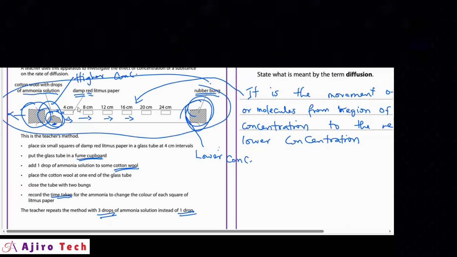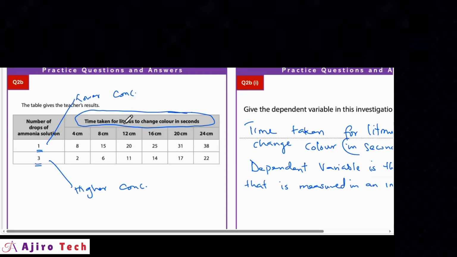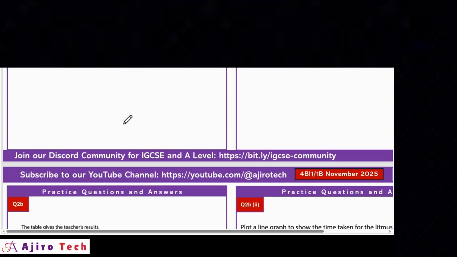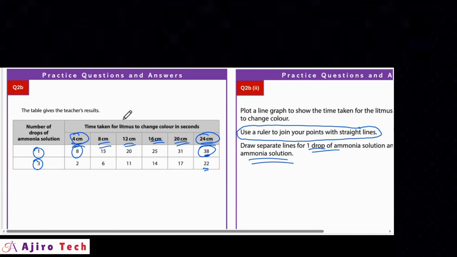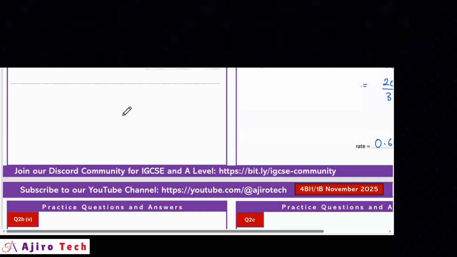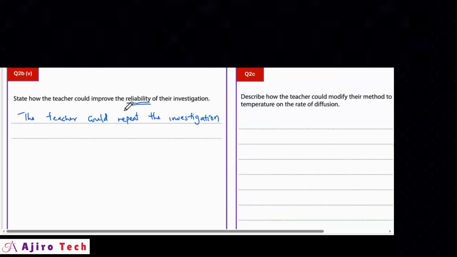The teacher may have about 5 setups and record a table for each setup, a table like this for each setup. So meaning we are going to have 5 tables, one table for each setup.